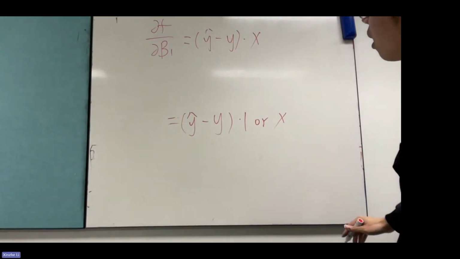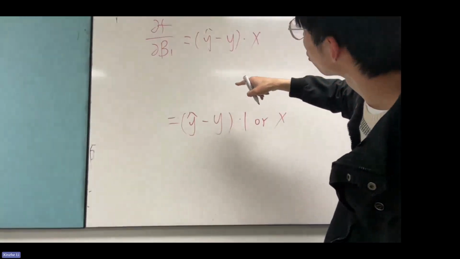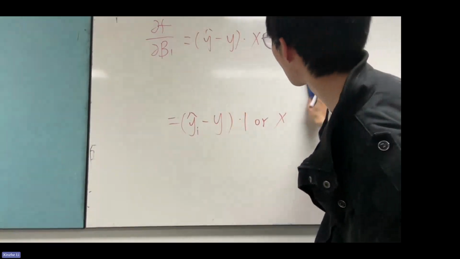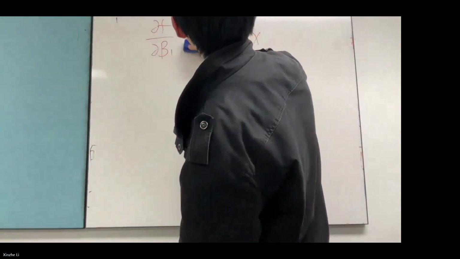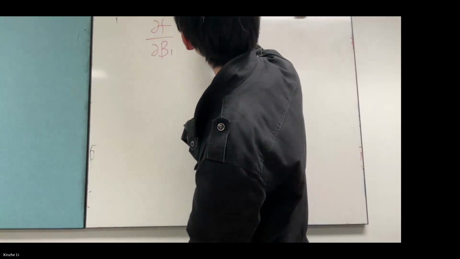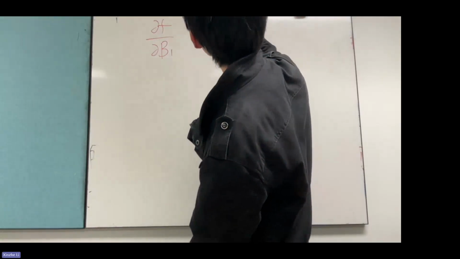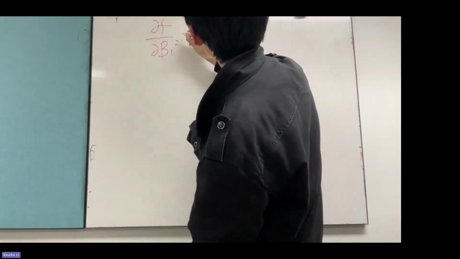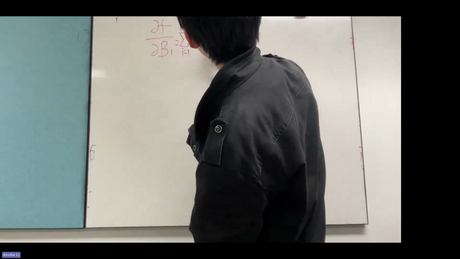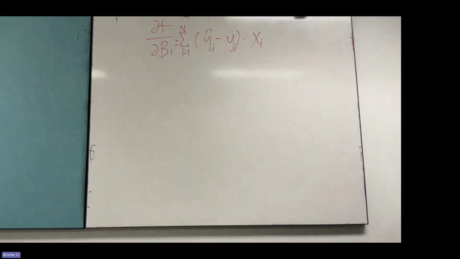As I said, I will put the summation back. I will also put the i back. So the derivative is the summation over i equals 1 to n of y hat i minus y i, and the summation over i equals 1 to n of y hat i minus y i times x i.